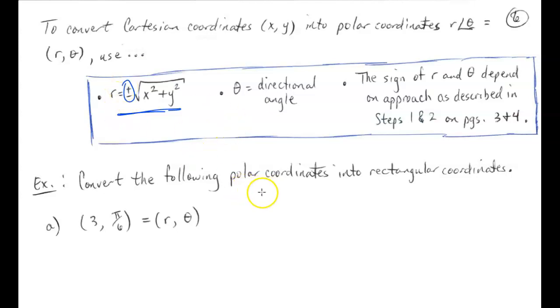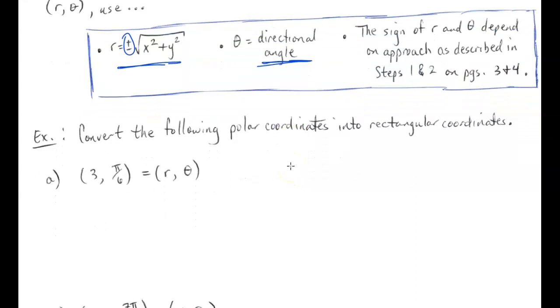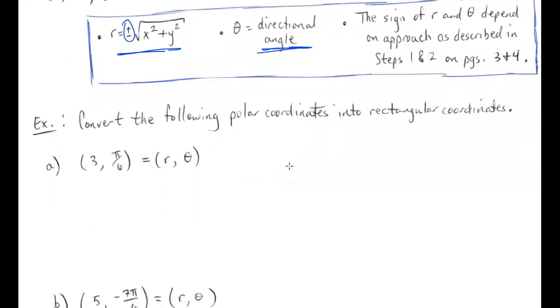So in this first example here, we're going to go ahead and skip to that. We kind of already know about this directional angle, so I'm not going to talk about that again. So in this first example here, what we want to do is convert the following polar coordinate into rectangular coordinates. Okay. So if we look at this, we already know, hey, our r is going to be 3 and our angle is going to be pi over 6.